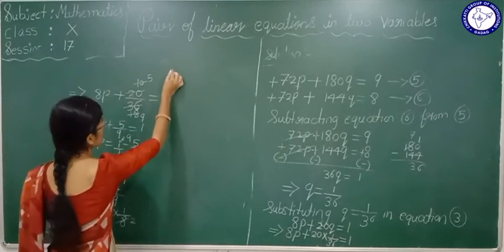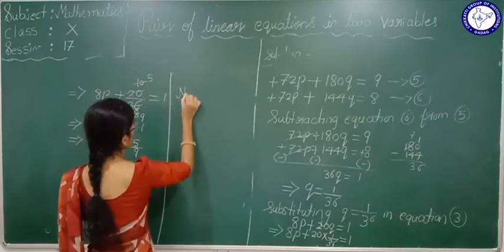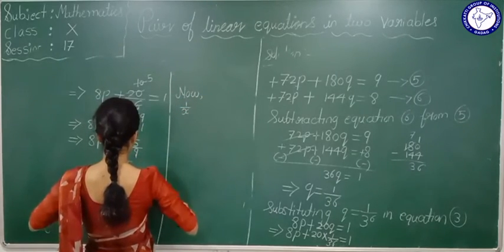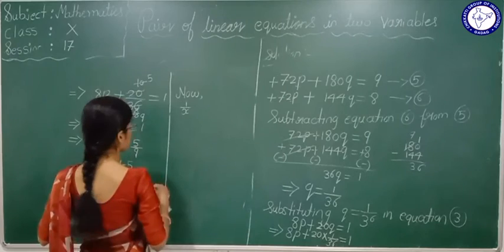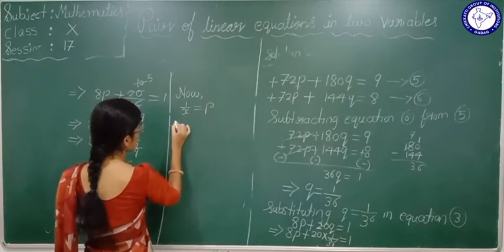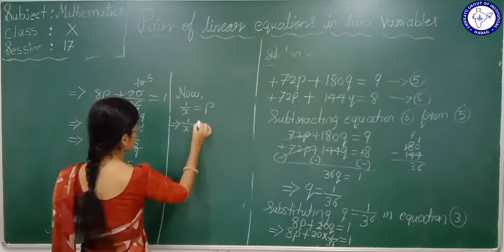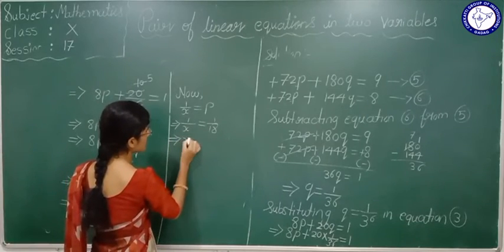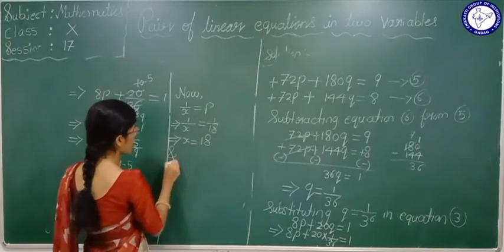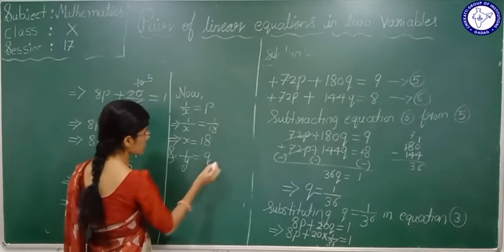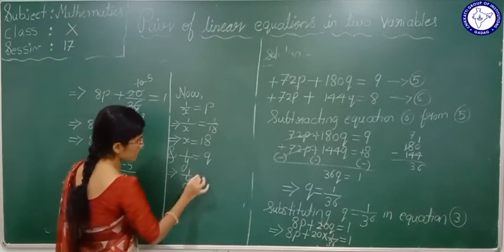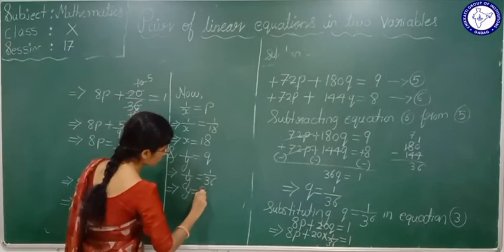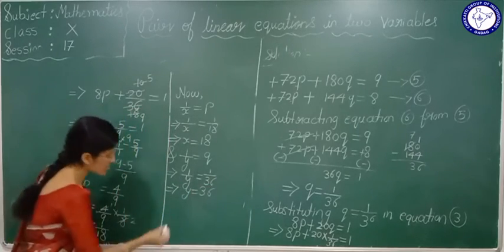But what have we assumed? We assumed 1 by x is equal to p. So 1 by x is equal to 1 by 18, which implies x is equal to 18. And we assumed 1 by y is equal to q, so 1 by y is equal to 1 by 36, which implies y is equal to 36.